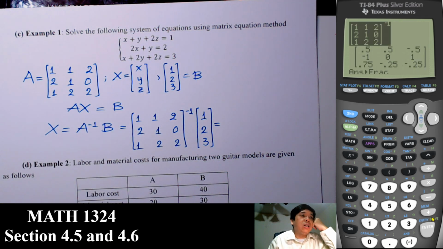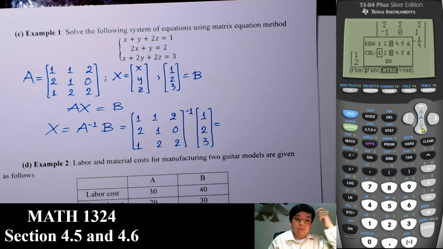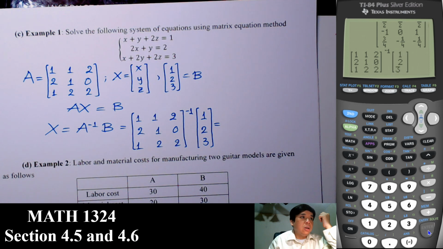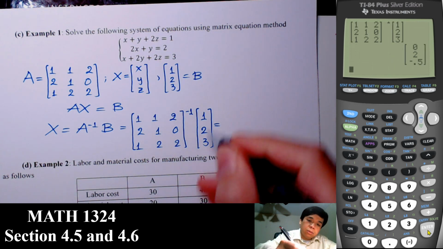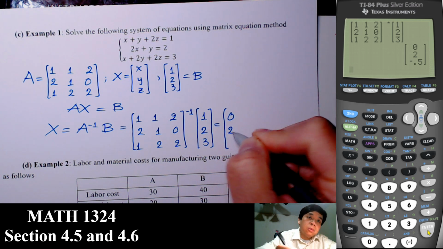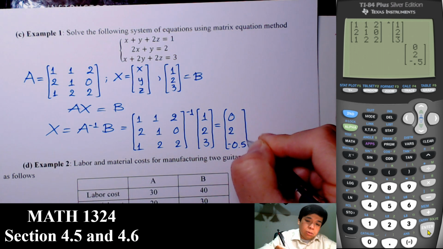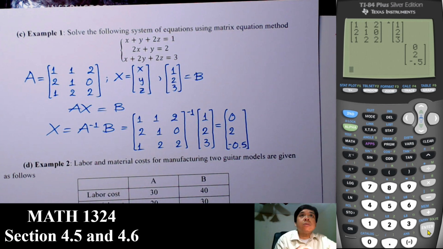So we multiply the inverse by the matrix. So we have that.